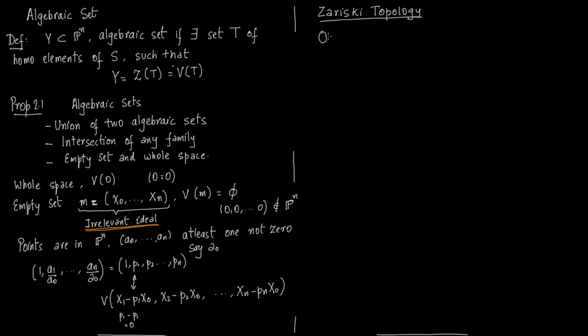Now for the Zariski topology, everything has been covered in proposition 2.1. You just say that an algebraic set is a closed set, so open sets are complements of algebraic sets.